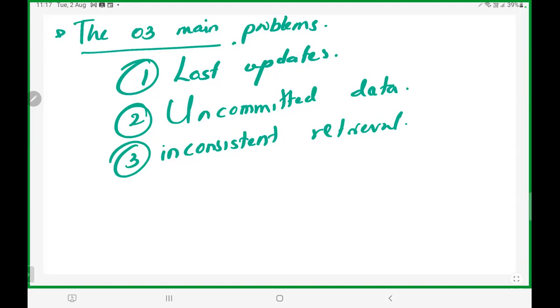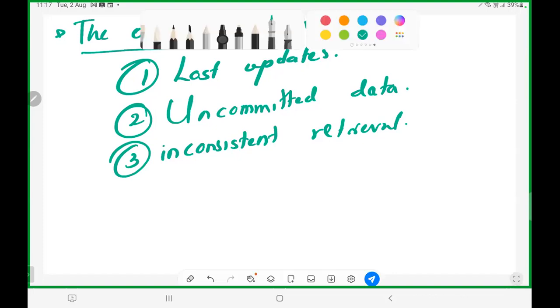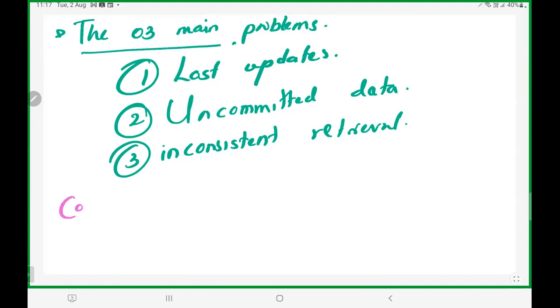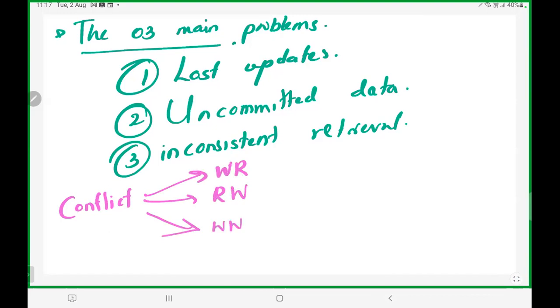Right? We simply say these are conflicts. We can discuss the conflicts. There are three conflicts: write-read, read-write, and write-write.